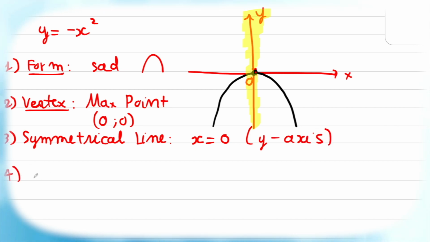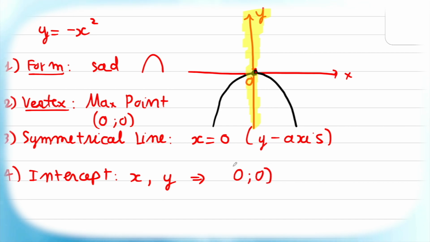So the last one, we have the intercept. The x-intercept and y-intercept are also important. In this case, we only have one point, (0, 0). It means the origin point is the x-intercept and also the y-intercept of this graph.